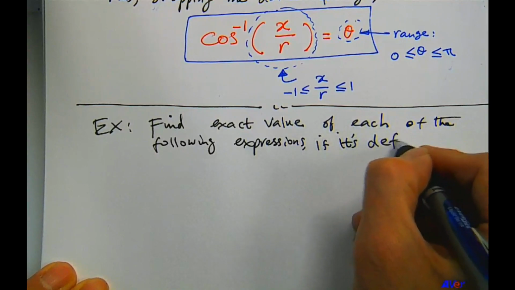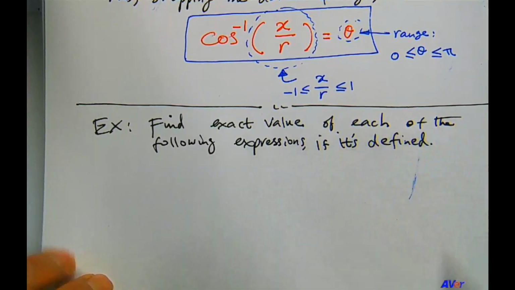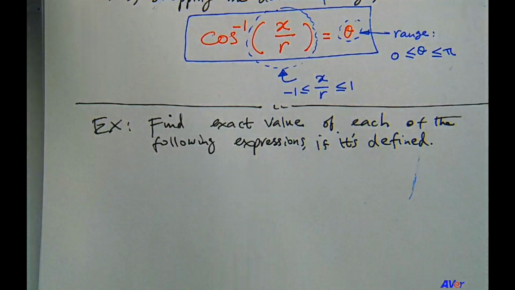If it's defined. Why did I add this? Quite frankly, because your book has problems like this, statements like this. So I just wanted you to get used to it or become familiar with it in the video.